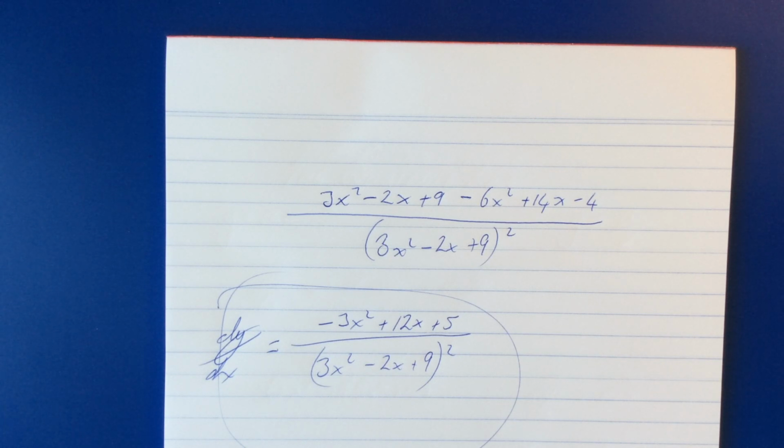Just be aware of that. This can, on occasion, wind up as pages and pages and pages of working. I have a lot of white lined pads, and I can remember on one occasion having to go to the stationers and get some more of these pads so that I could keep working on a derivative that involved the quotient rule.